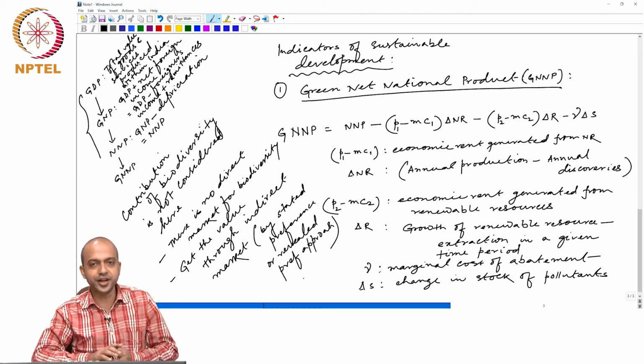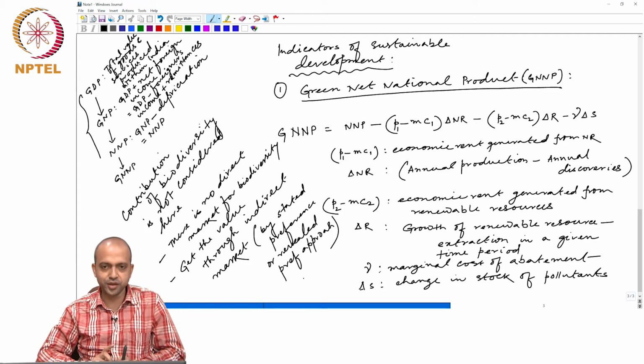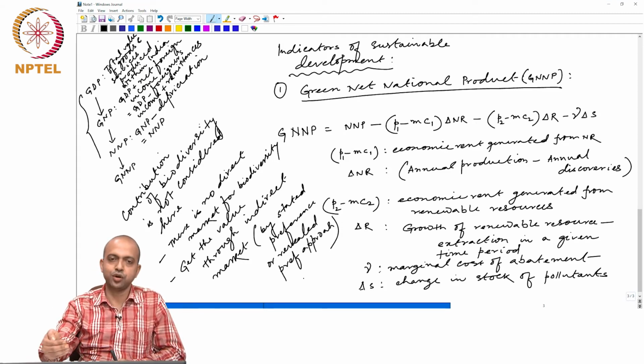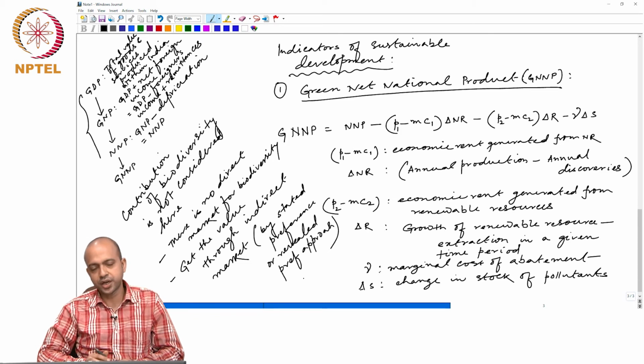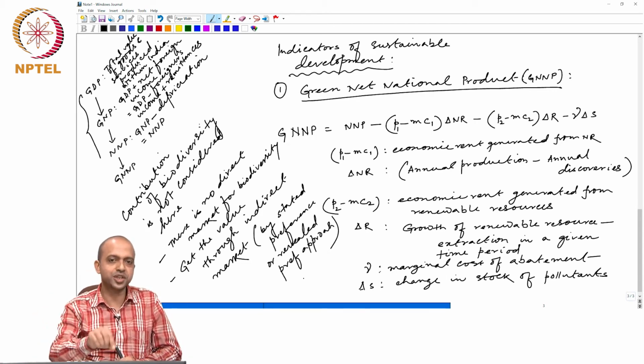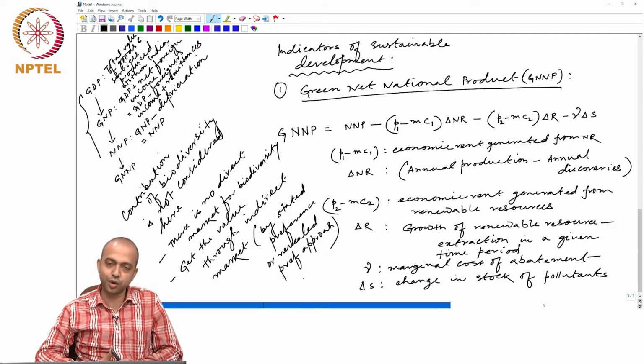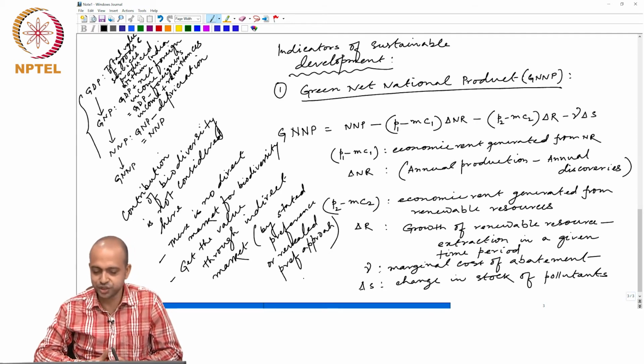So, there is some alternative, okay. That is why this is not included in the formula, but this formula can also be modified to include the contribution of biodiversity by indirect market through stated and revealed preference approach, which we will study in detail in our next topic, where we will be discussing economic valuation of environmental goods and services.